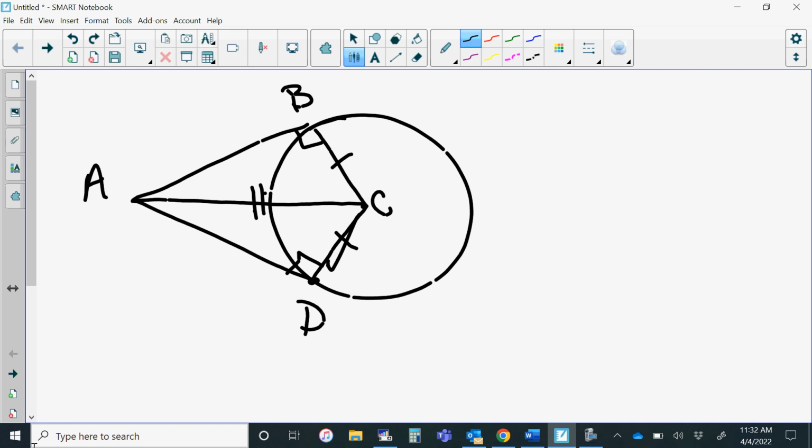Now, once we use the HL, Brody, we can start going, I know this length has to be the same as that. Why? CPCTC. Remember that? Corresponding parts of congruent triangles are congruent. Why do you know this angle has to be congruent to this angle? This angle has to be congruent to that angle. All by CPCTC.